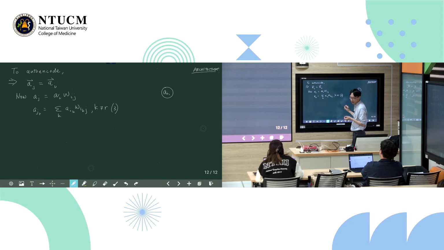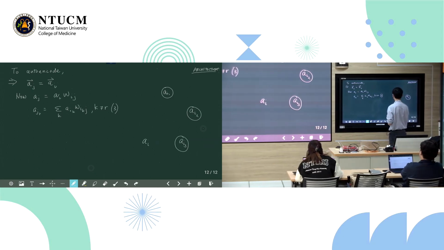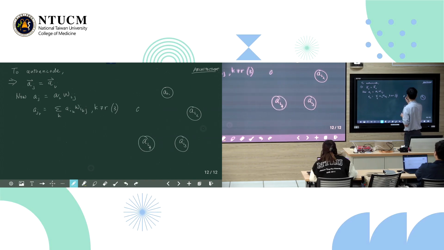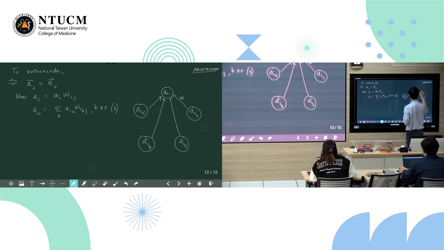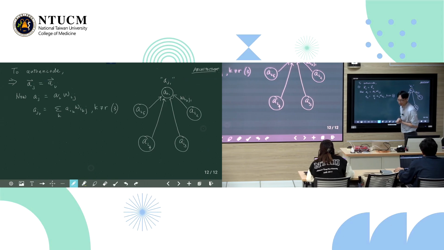So we have AI1, and then it looks like this. This will become AJ1 later on. Okay?